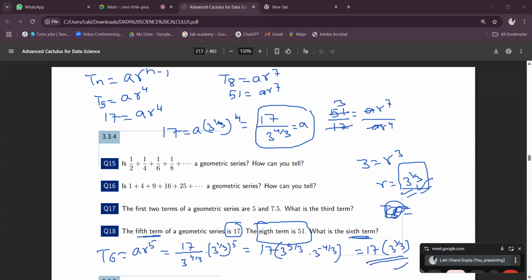This is your answer. This is the sixth term. Yes, very complicated.